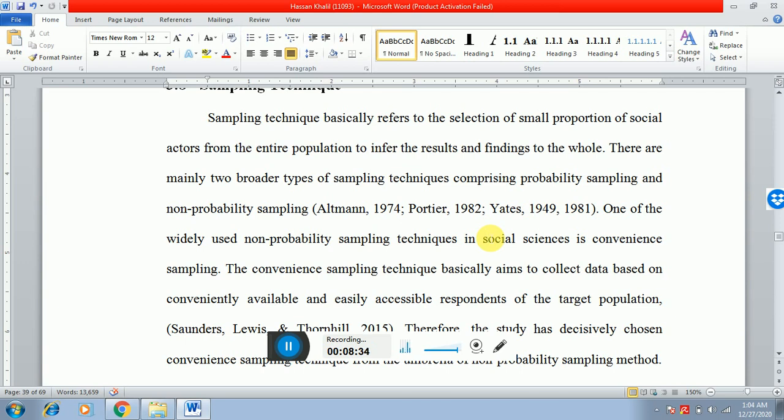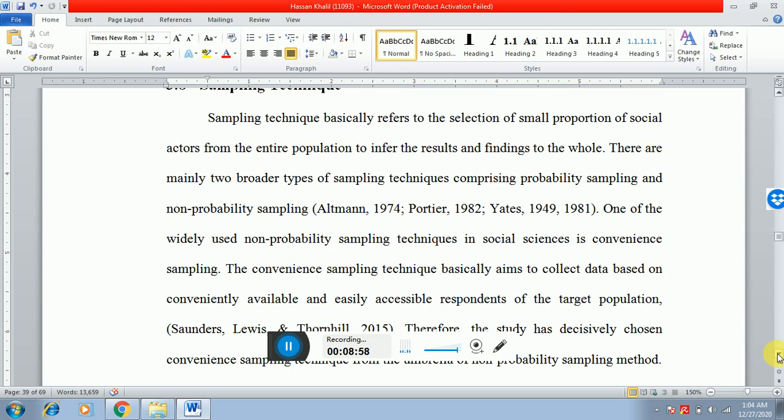But if you are going to gather the data from respondents who own a smartphone, specifically an iPhone, then you have to identify the respondents who own an iPhone. So this is purposive. There is a purpose behind it. You are going to identify only those respondents who own an iPhone. This kind of technique is called non-probability purposive sampling.